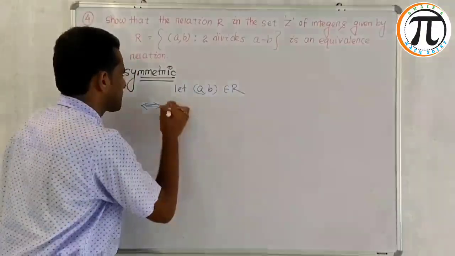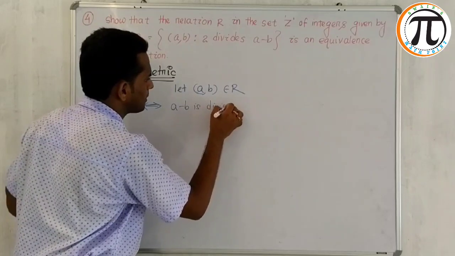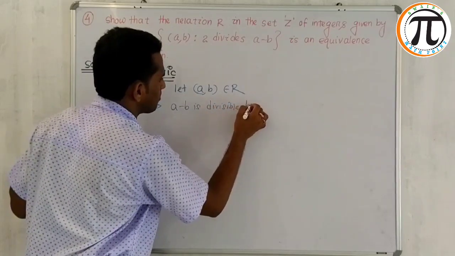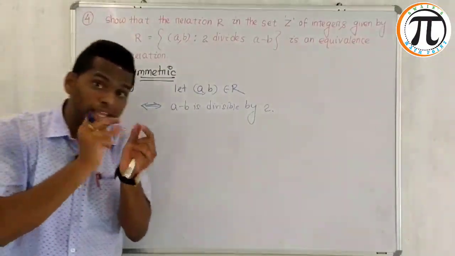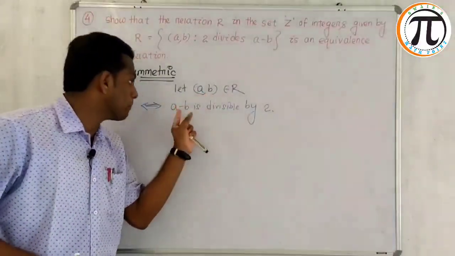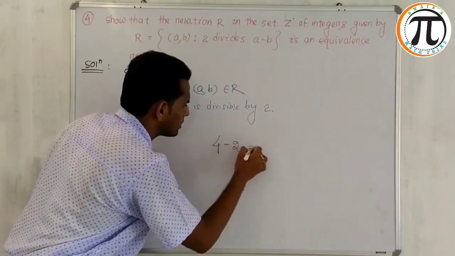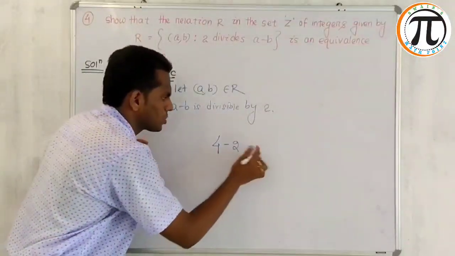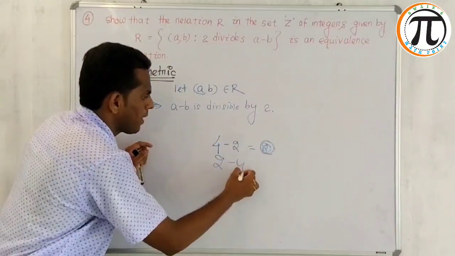Otherwise, if you can understand, just write it also as a minus b is divisible by 2. Its meaning is this. But you have to prove that (b, a) belongs to R. (b, a) means what? b minus a is also divisible. Suppose I am taking 4 minus 2 is divisible by 2. Is it or not? 4 minus 2 is 2, 2 is divisible by 2. But 2 minus 4 is what?